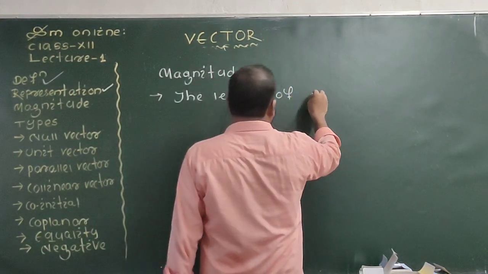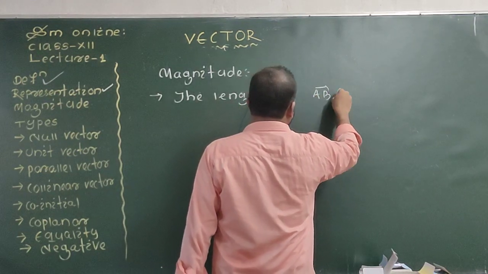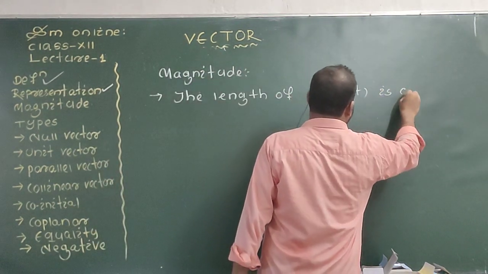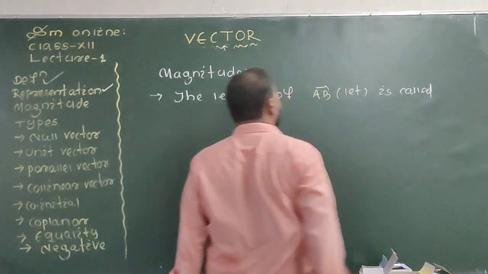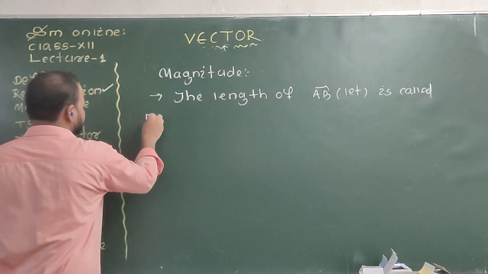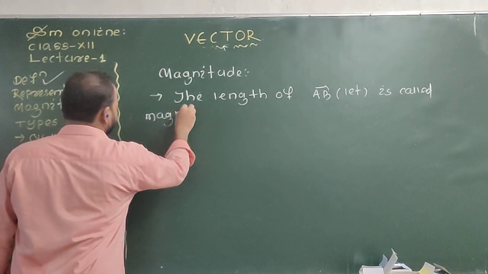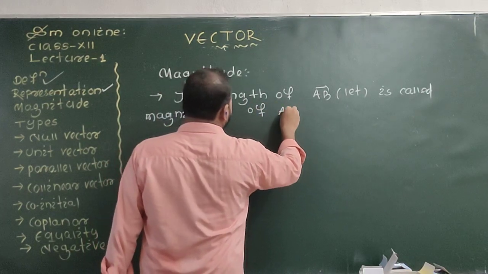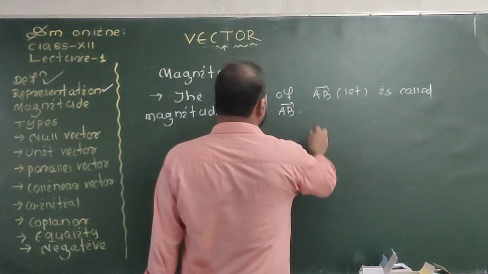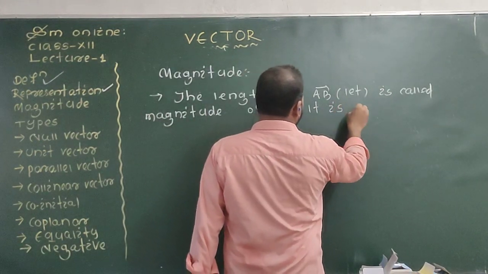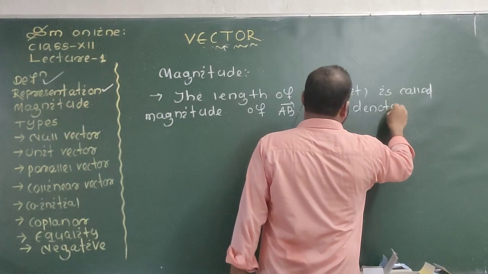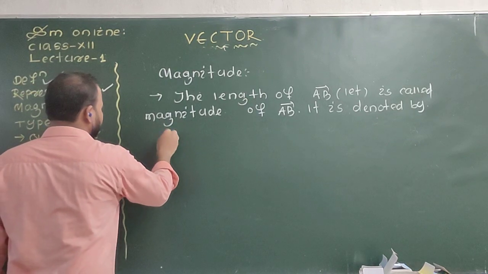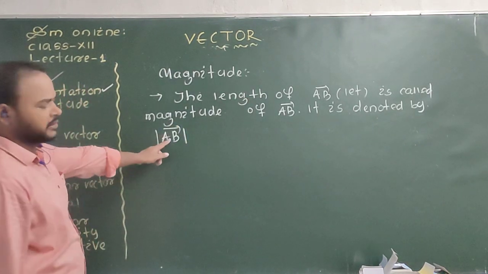of AB vector. The length of AB vector is called the magnitude of AB vector, and it is denoted by mod on both sides, that is, AB vector magnitude.